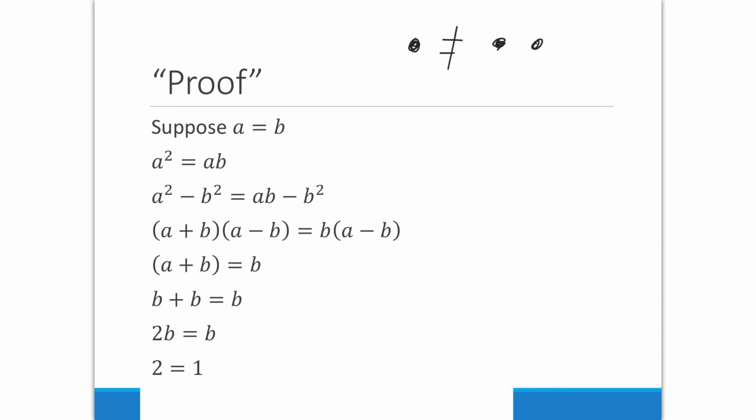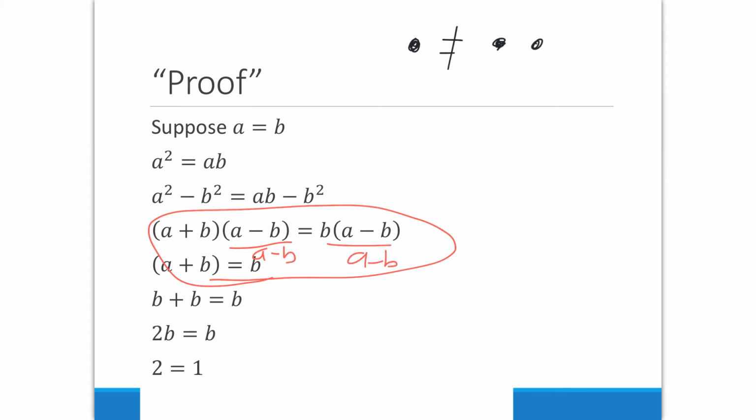All right, I'll end the suspense for you. The mistake is right here in these two steps. When I go ahead and cancel out the A minus B, what I'm actually doing is dividing both sides by A minus B, so I can cancel it out.